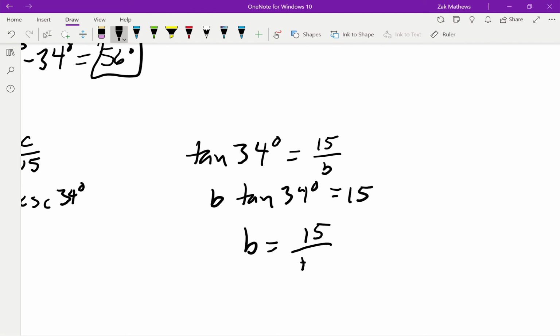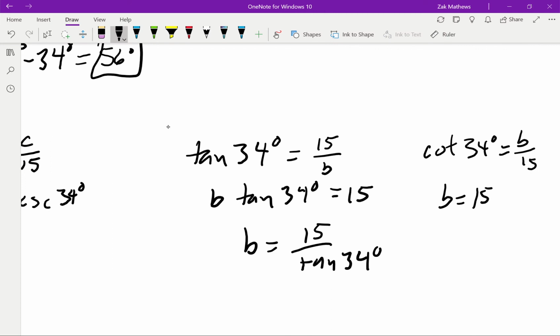Where I could have, if I'd wanted to, set up a cotangent and had that be already in the numerator, then multiplied the 15 over. But because we're going to use a calculator, we're still going to need to move that tangent to the denominator, write it as 15 over tan 34. And so when we do that, we get 22.24.